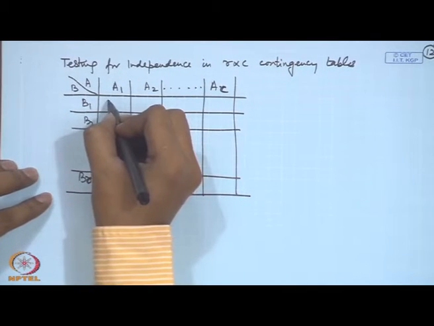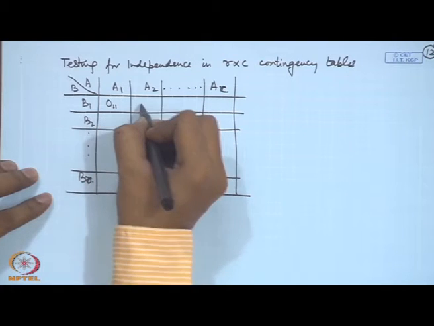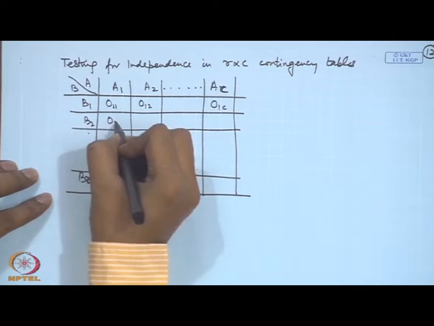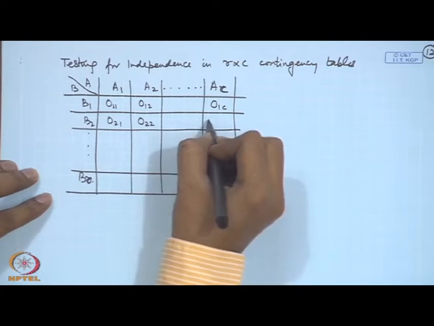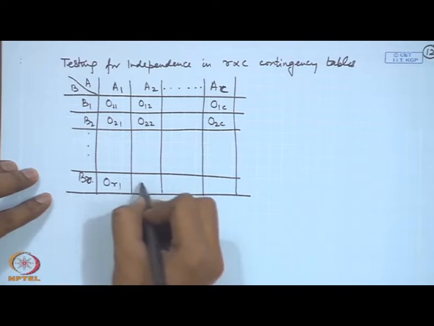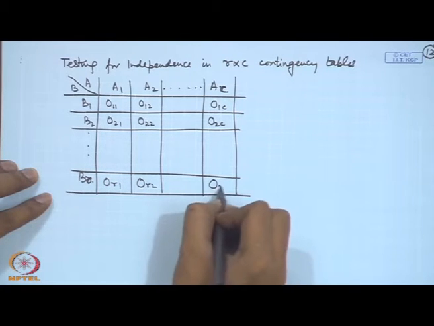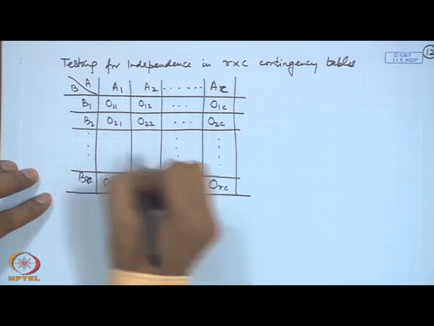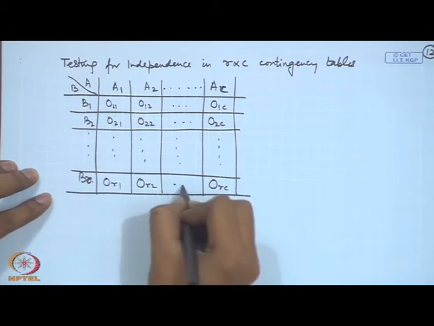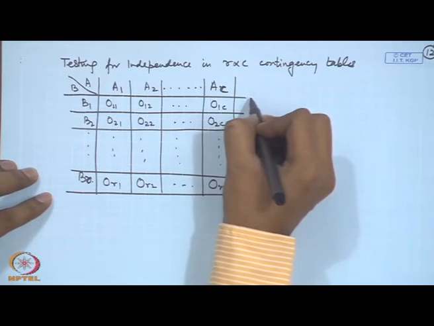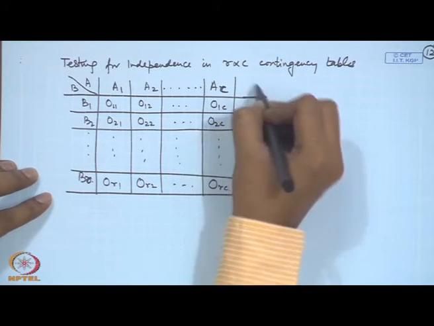The observed frequencies I am writing as O11, O12, O1C, O21, O22, O2C, and OR1, OR2, ORC. We consider the row and column sums.